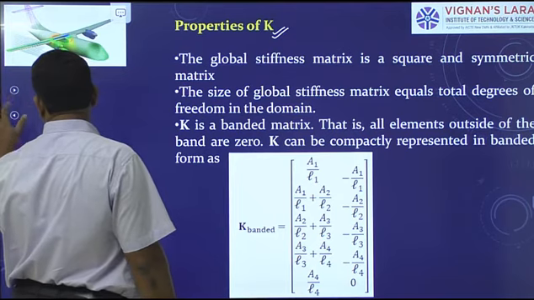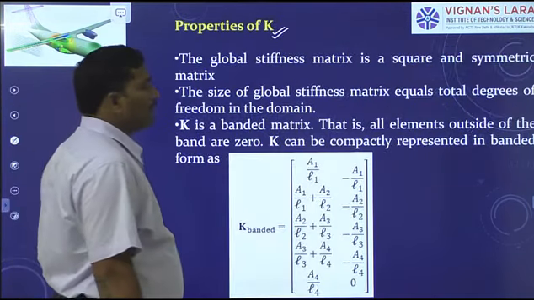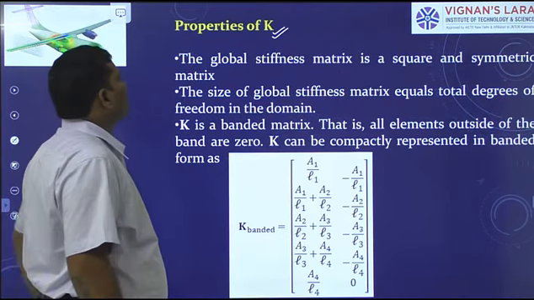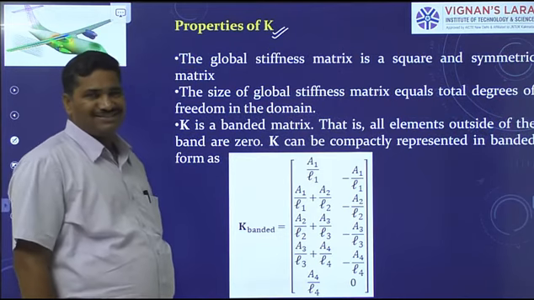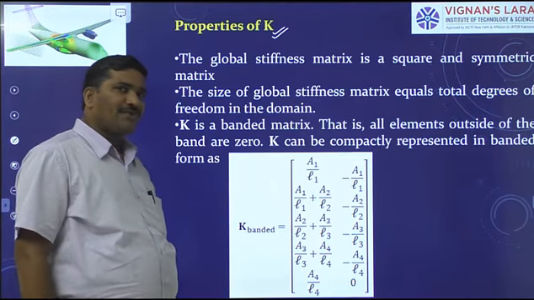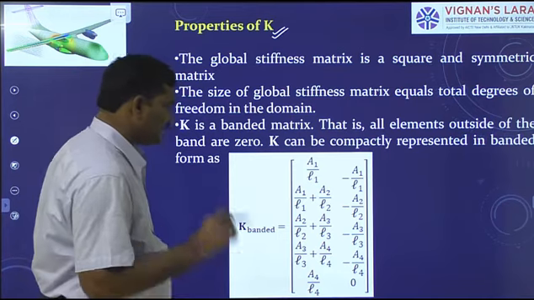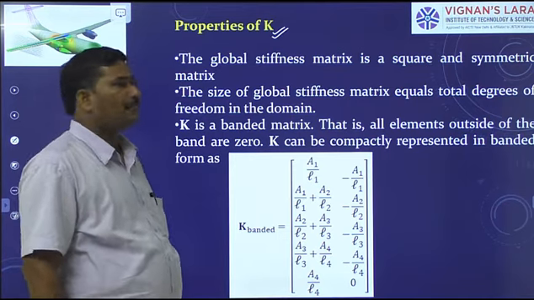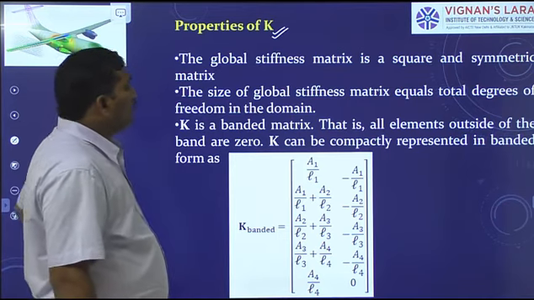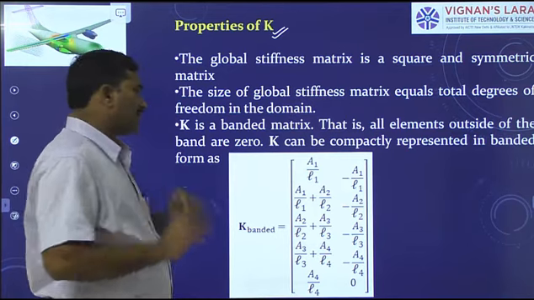How does it result? The global stiffness matrix results from the assembly of all element stiffness matrices. Now, global stiffness matrix capital K is a square matrix.